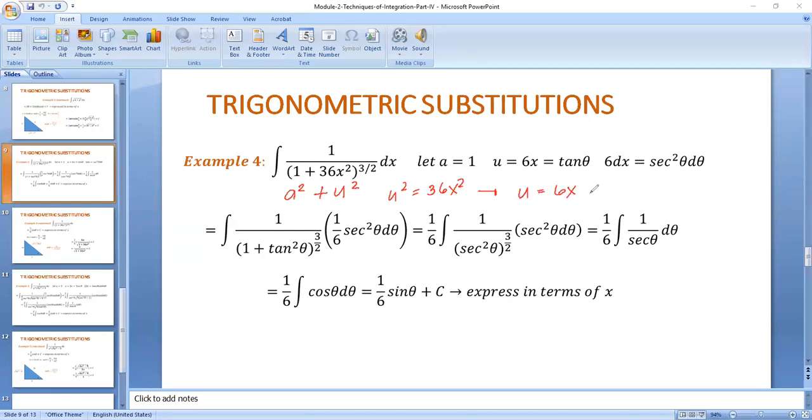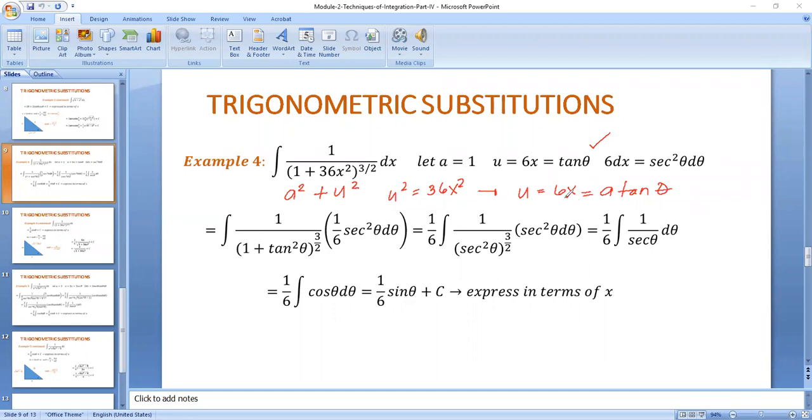And this u, this 6x, will be equated to a tangent theta based on our substitution. However, our a is already 1. That is why you get to see only 6x is equal to tangent of theta because our a is 1. If it's not 1, then you can have another constant there.